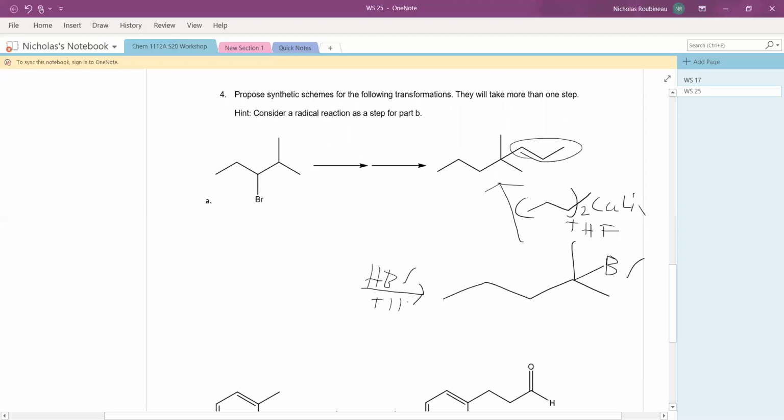And what is it reacting with? 2-methylpentane. Well, this is 2-methylpentane, but what's missing here? If we just did HBr with an alkane, nothing would happen.